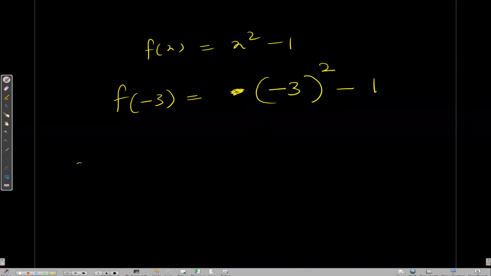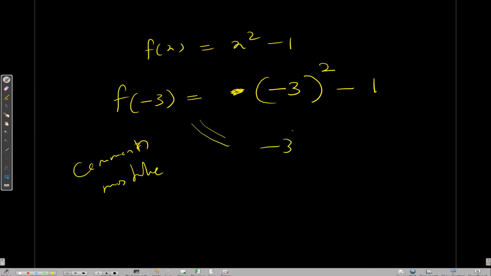A common mistake in a square function is this one: students will write negative 3 squared as negative 9, and then negative 9 minus 1 gives negative 10. This is wrong. The answer is 9 minus 1, which is 8, because you missed the parentheses. Remember, x squared: x is squared, right?